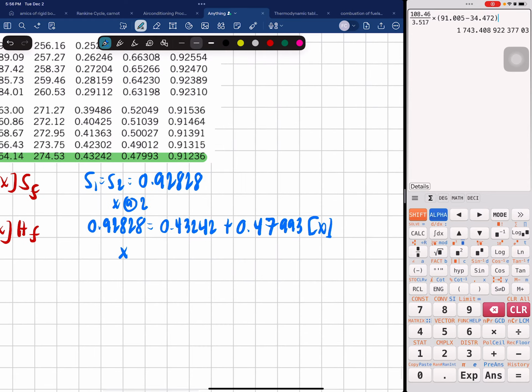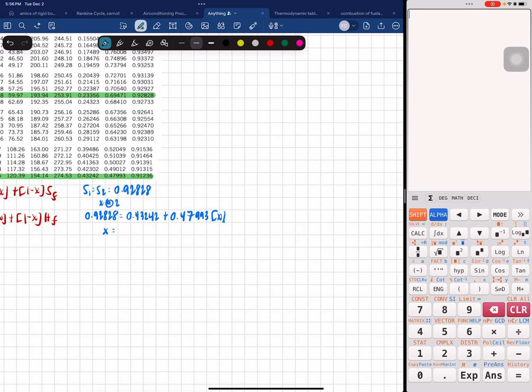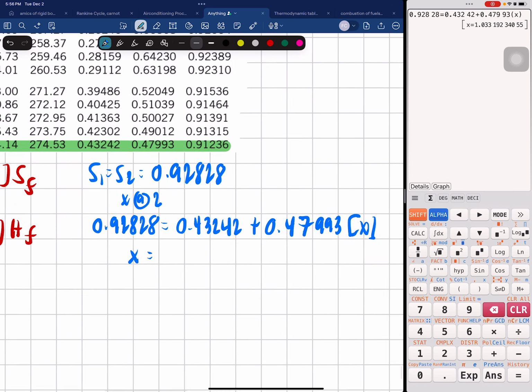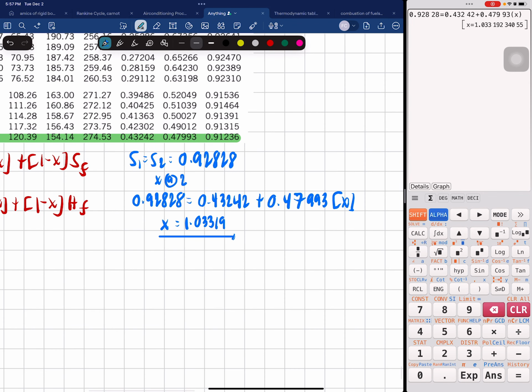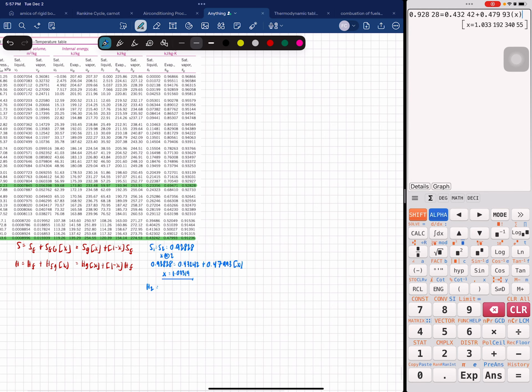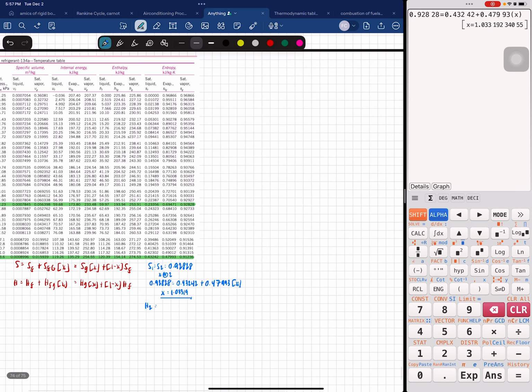Okay, so you have 1.03319 as your quality. Okay, so using this quality, H2 is equal to what? We'll be using 120.39 and 154.14.